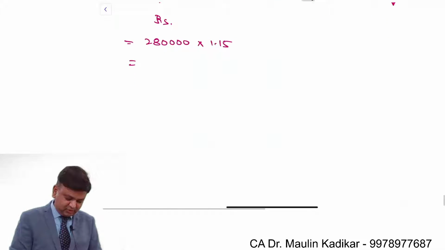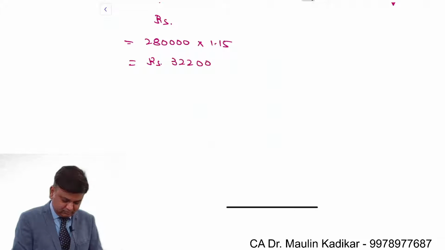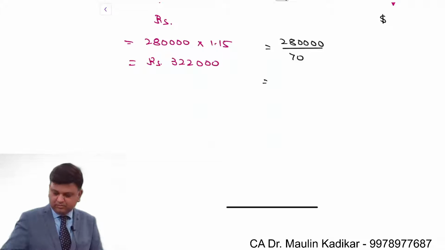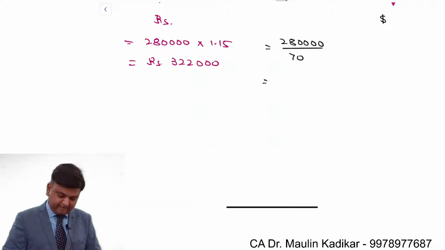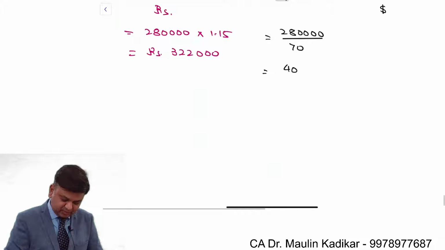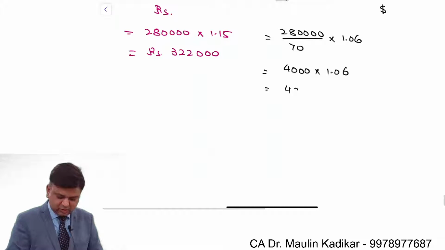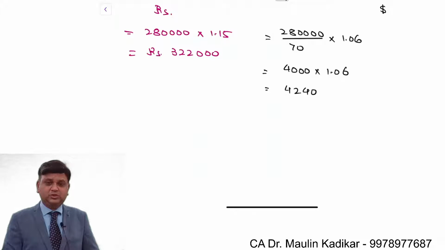So it is 3,22,000. And if you borrow in dollar currency, then in that case 2,80,000 divided by 70. You have to borrow $4,000. What is the rate of interest for borrowing? 6%. So you will have a repayment of loan of 4240.